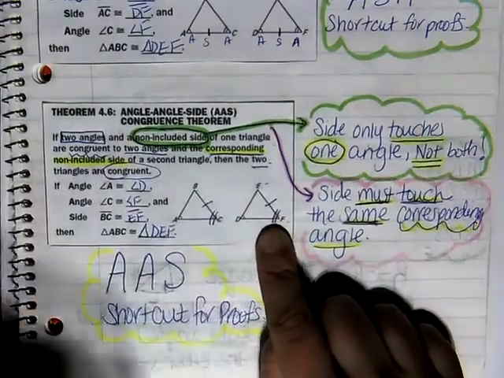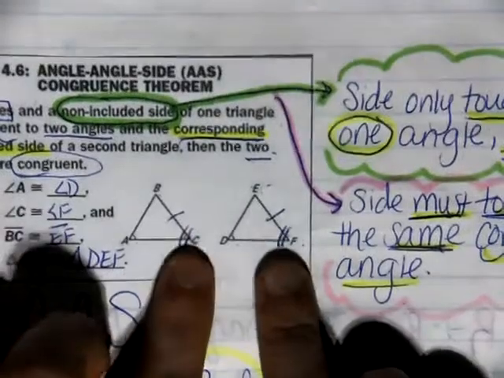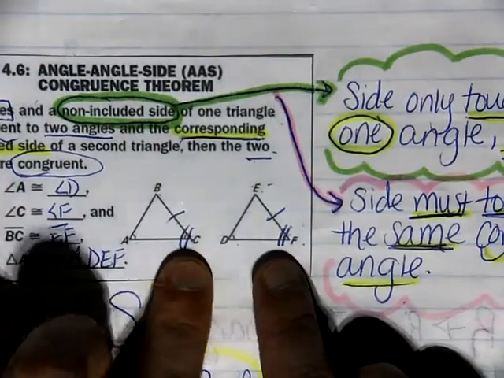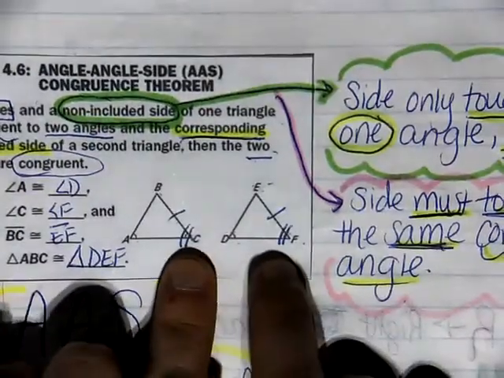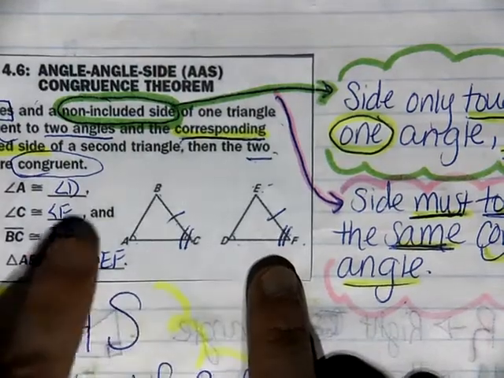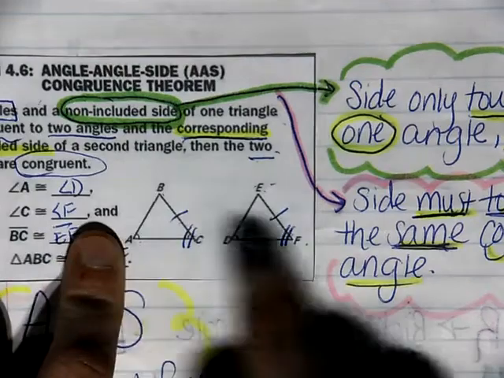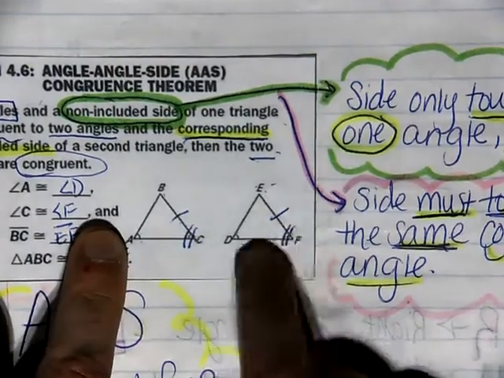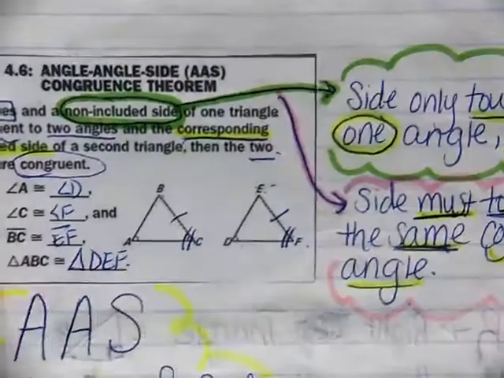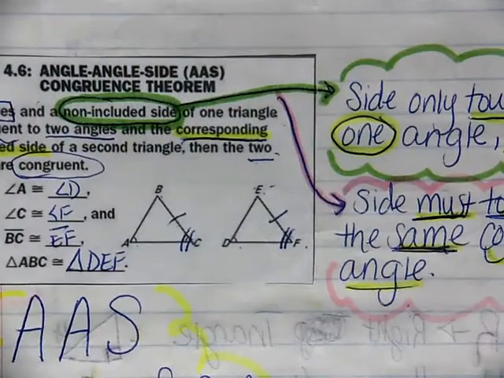So in this case, we were talking about the side that touches the angle with two arc marks. If we had in this triangle the side that touches one arc mark, and in this triangle the side that touches two arc marks, then those sides are not matching each other. So you have to be really, really careful and pay attention to those types of details.